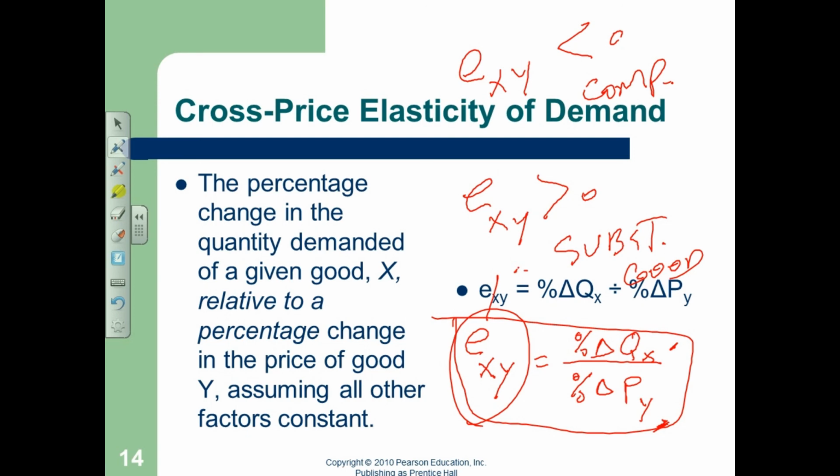Therefore, depending on the sign of the cross-price elasticity, you can tell whether the two products are substitutes for one another or they complement one another. And of course, you can conclude also if the cross-price elasticity is equal to 0, so the price of one product goes up, nothing happens to quantity demanded for the other one, that means the two products are not related at all.